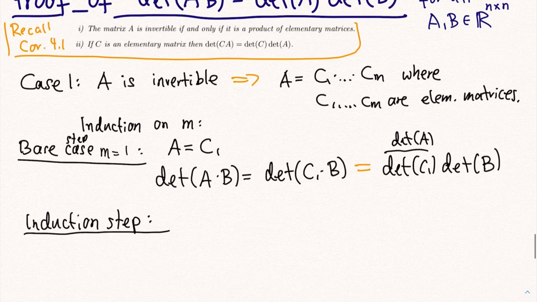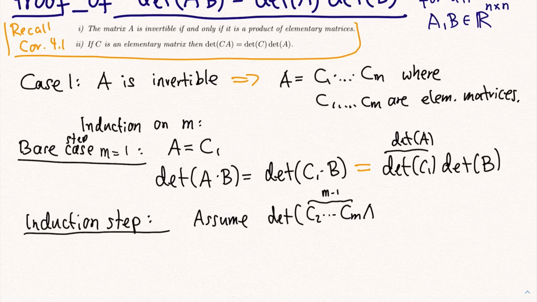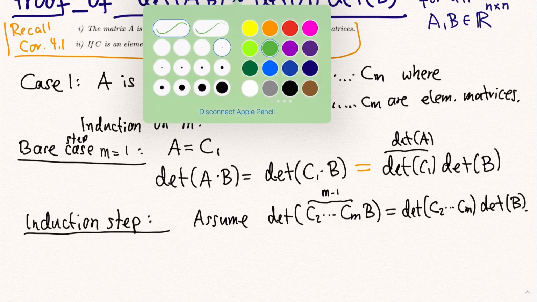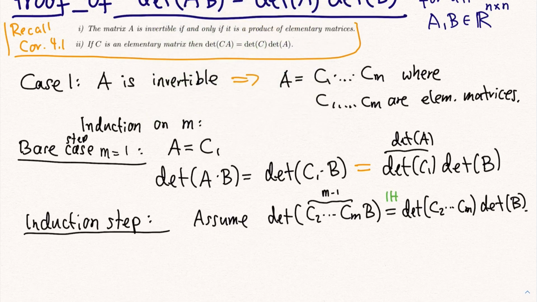In other words, if I have the determinant of C2 up to Cm, so these are now m-1 elementary matrices, times some matrix B, we already know that this can be written as the determinant of these times the determinant of B. So this is the induction hypothesis. We assume that this is true.